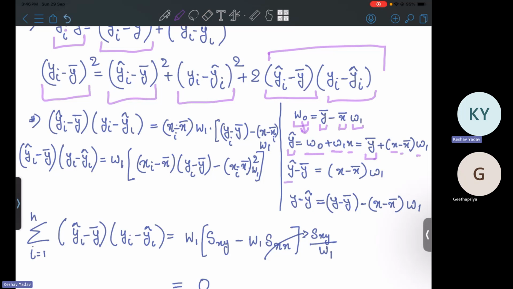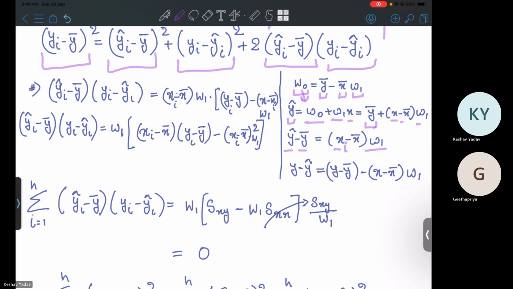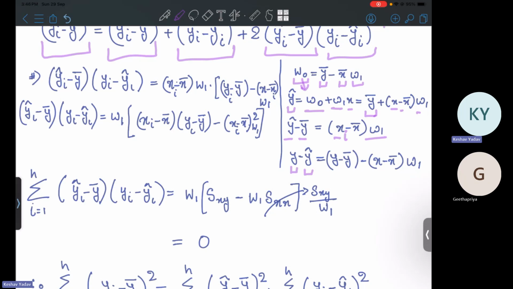So from here we can write y hat minus y bar will be equal to xi minus x bar times W1. Similarly, we can write yi minus y hat: you put the y hat value from here, then put this W0 value in this term, and you will get this expression. So this is the expression we have got.